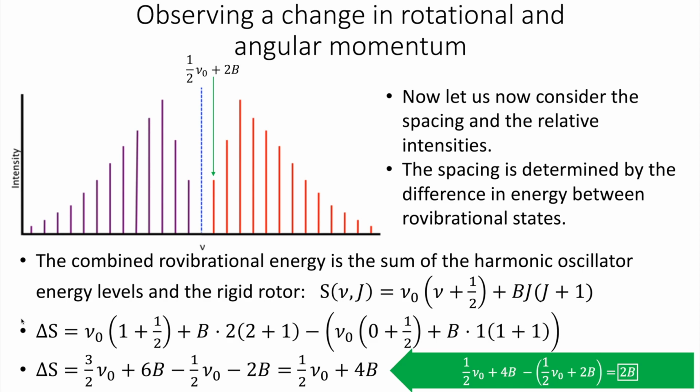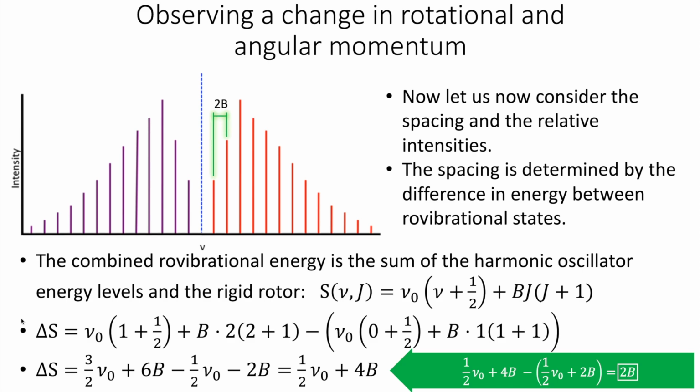So that's what we're doing here. So now if we take the difference, we're going to get 1/2 nu naught plus 4B. And of course, we calculated the previous one, the one that you see up at the top there, 1/2 nu naught plus 2B. And this new one is 1/2 nu naught plus 4B. So if you take the difference between the two of these, you get 2B, as you see in the green arrow at the very bottom.